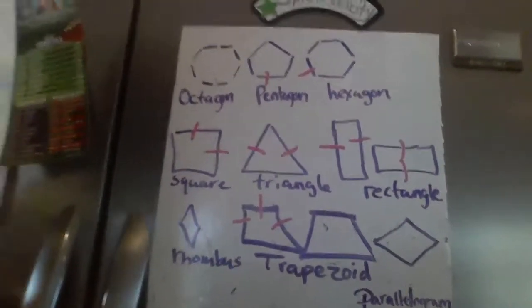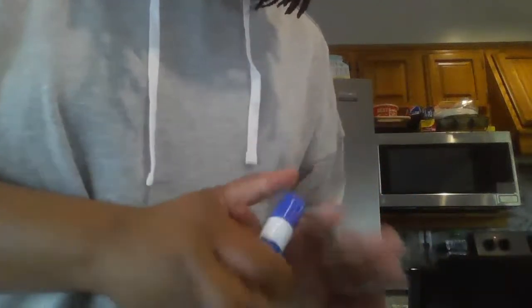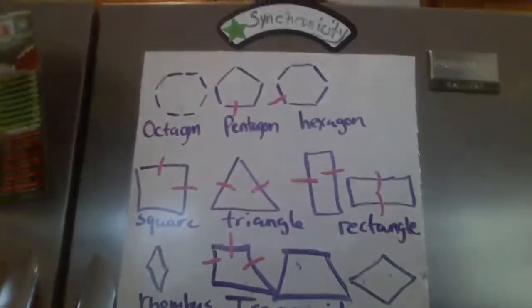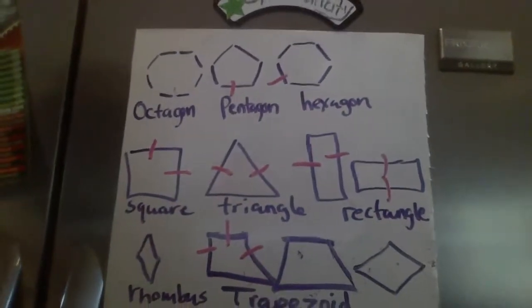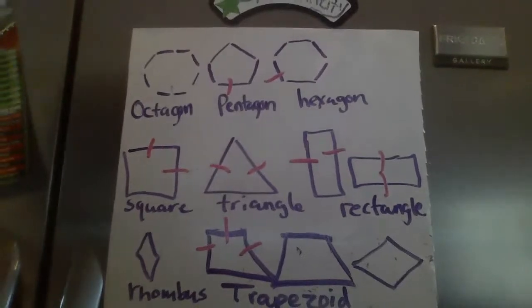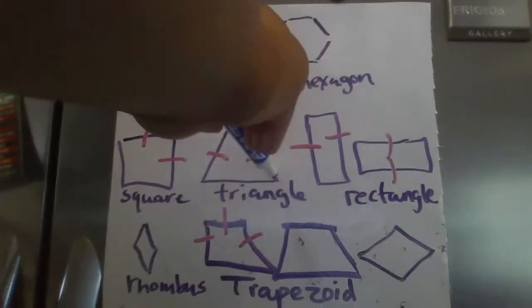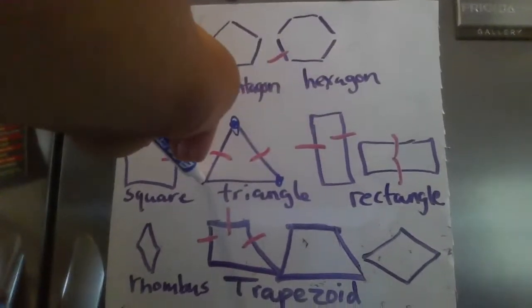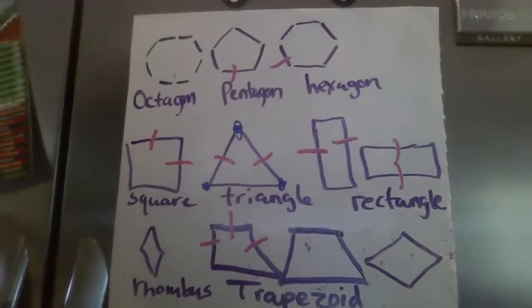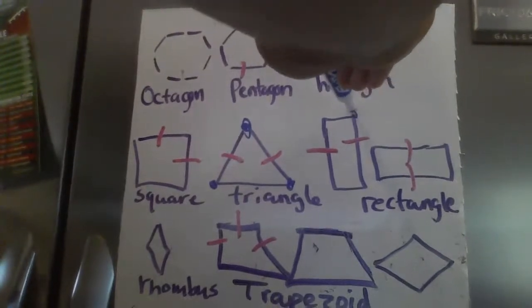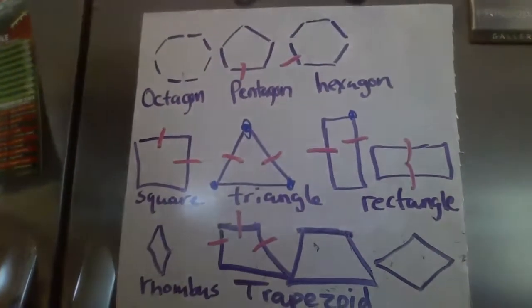Let me grab a different color marker. This is another common word, corners. You might know it, but I just want you to see it again. Those little points at the meeting of two lines are corners.